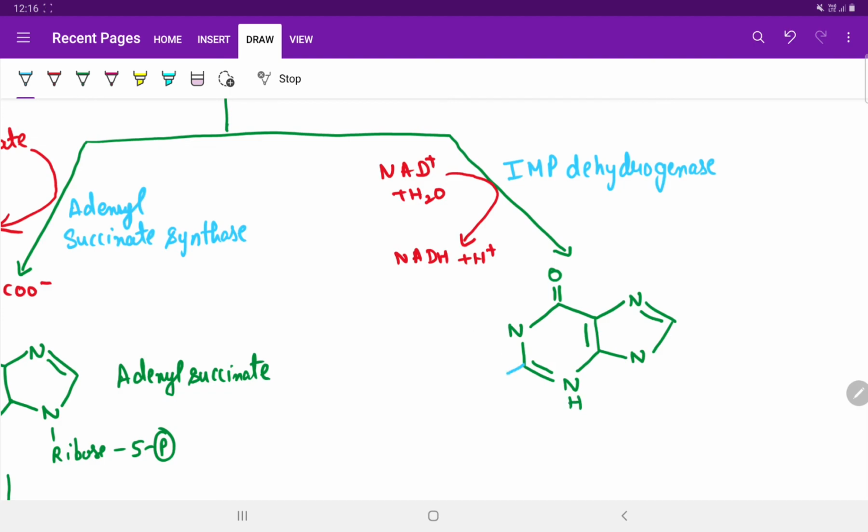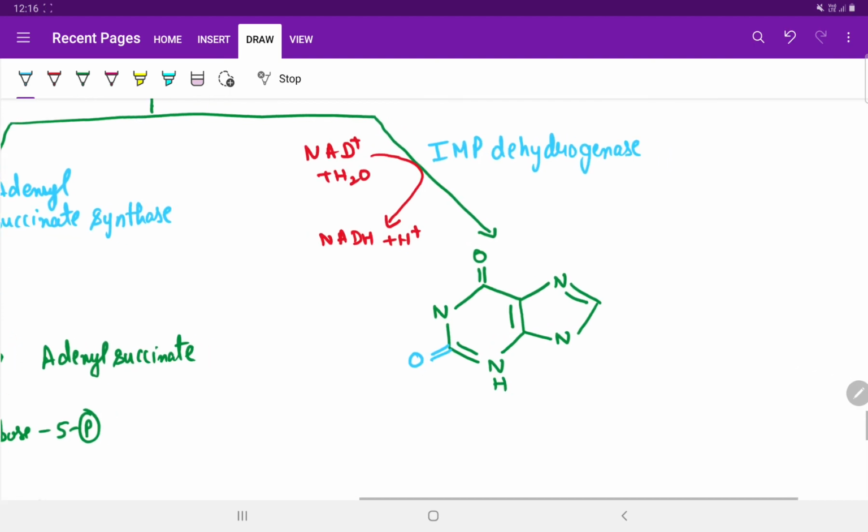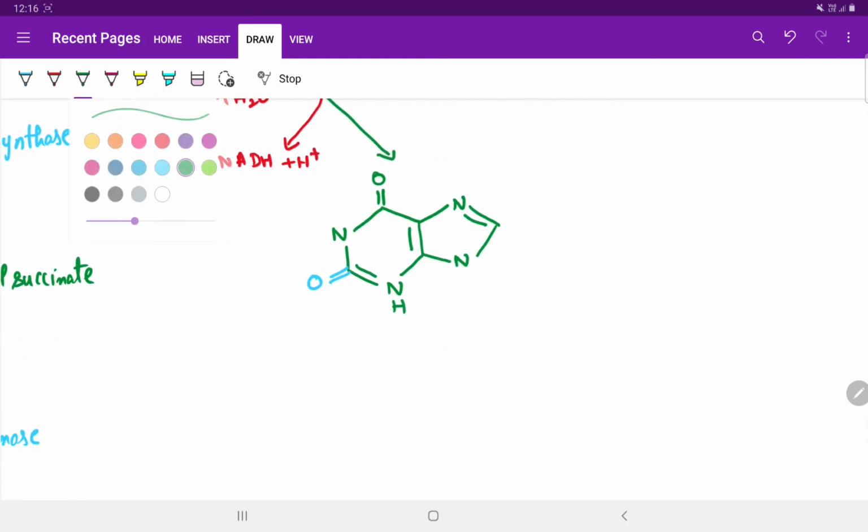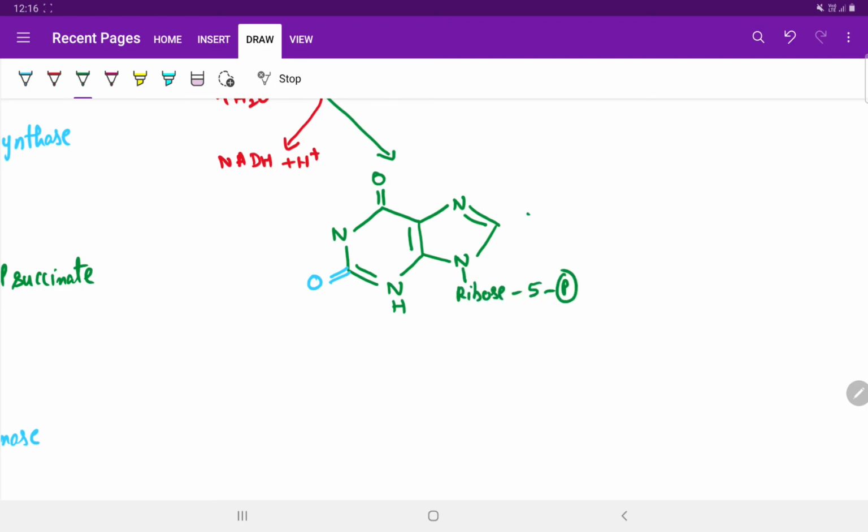So a double bond O will be added here, and this will be known as xanthosine monophosphate or XMP.